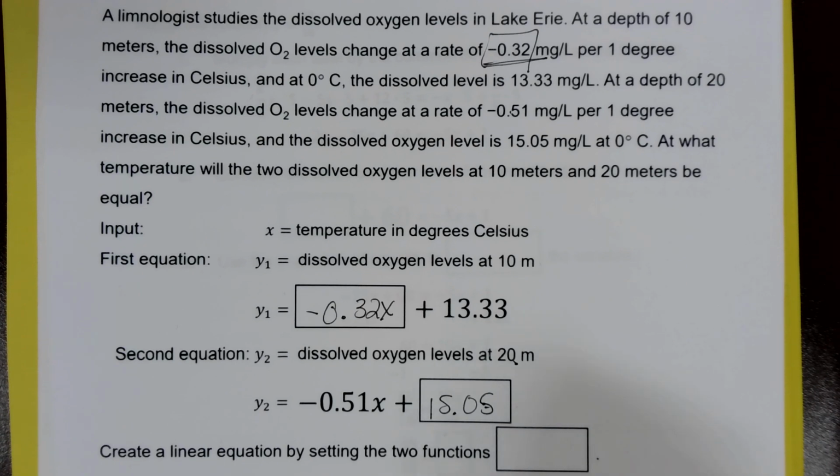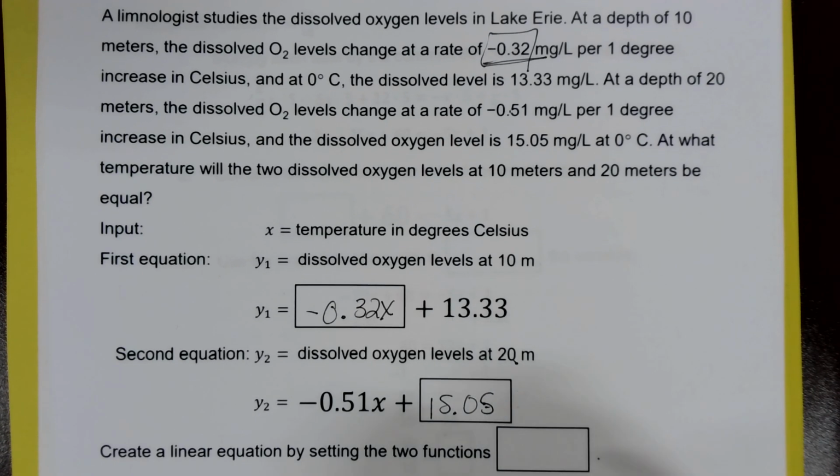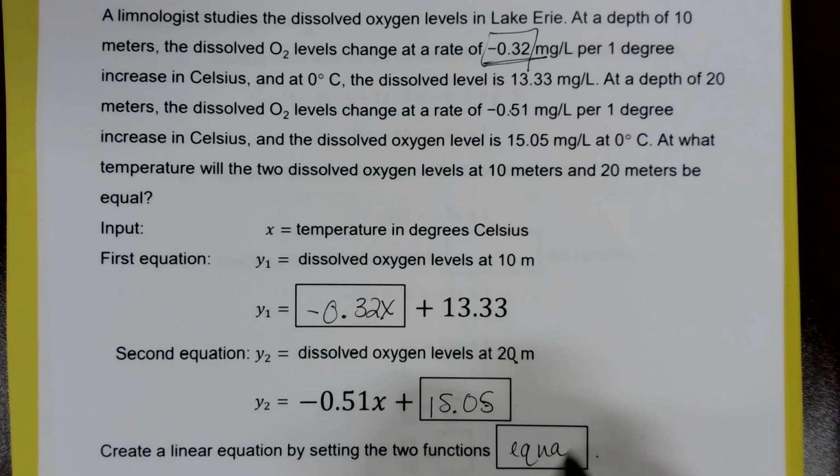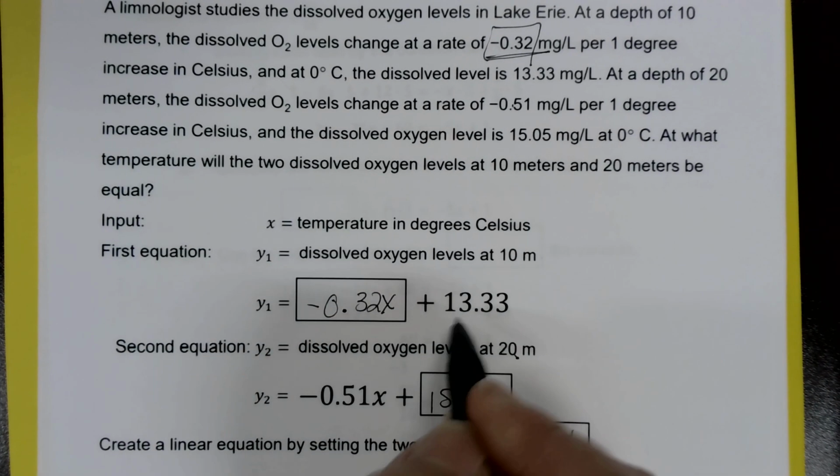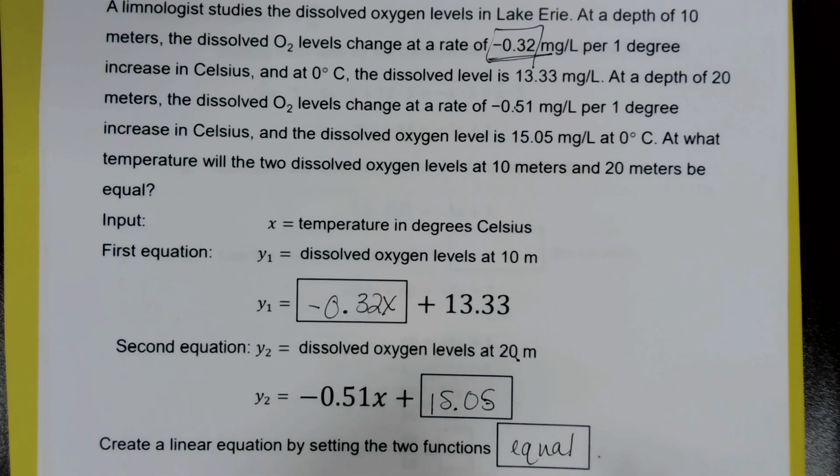So we create a linear equation by setting the two functions equal. They're already y equals and y equals. So we just take this part and set it equal to this.